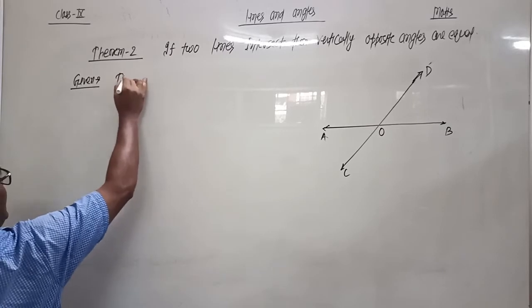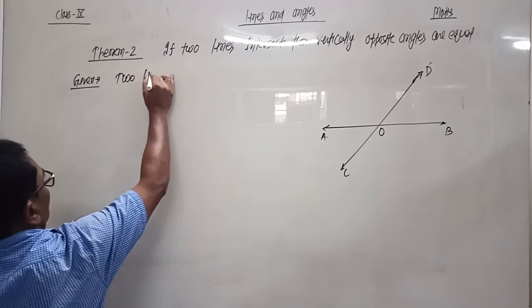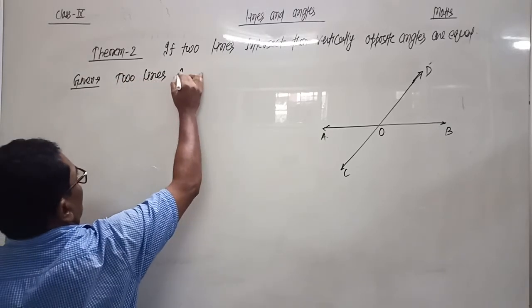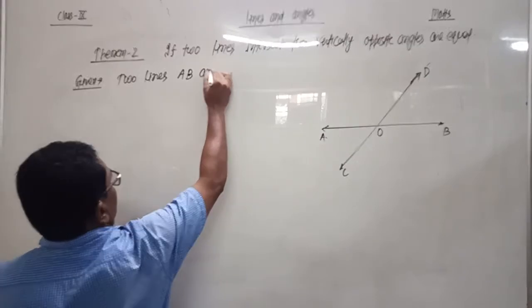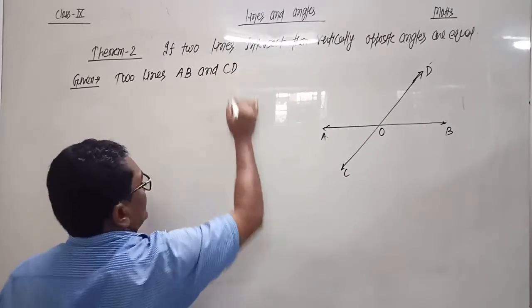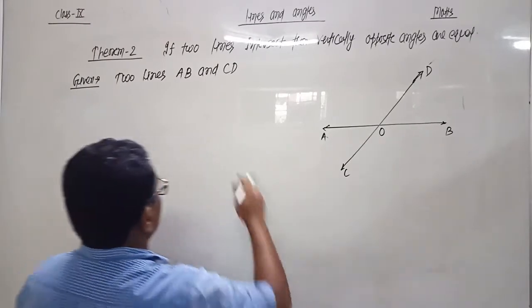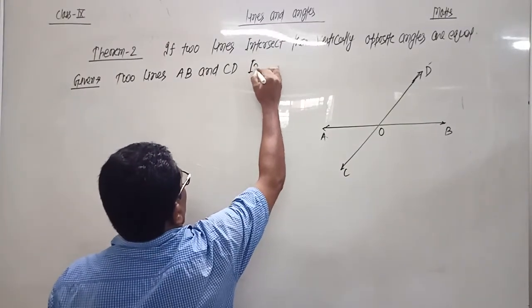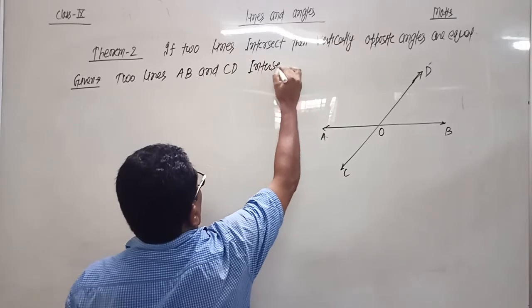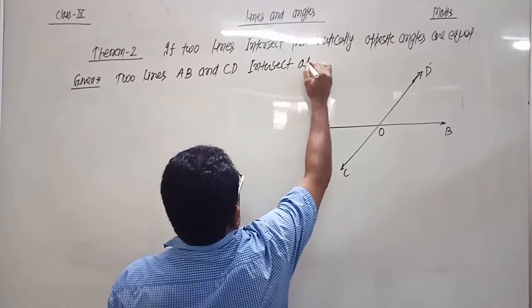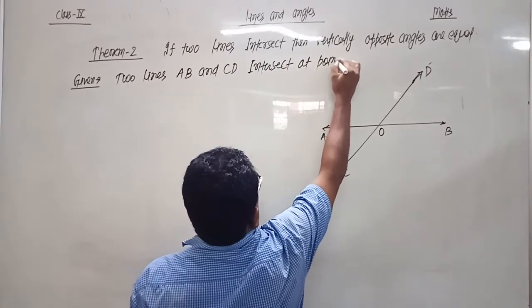Given: two lines AB and CD intersect at point O.